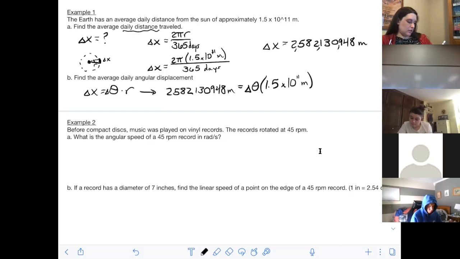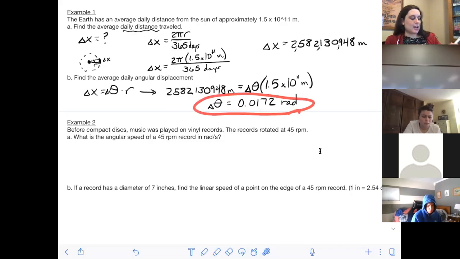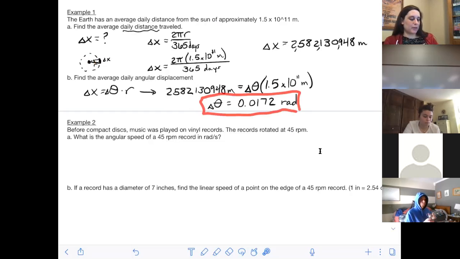And what we get is that we sweep through an angular displacement of 0.0172 radians, which makes sense. This is a tiny, tiny amount of angle, and considering that we would need to do that 365 times in order to get 2 pi, it makes sense why this is such a little number.